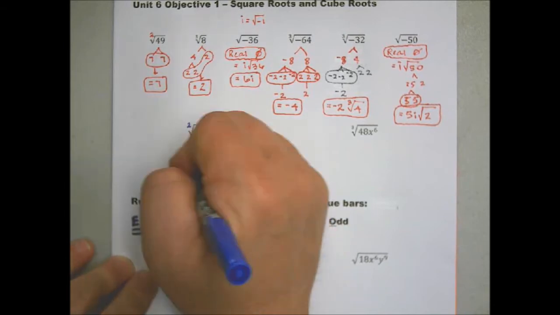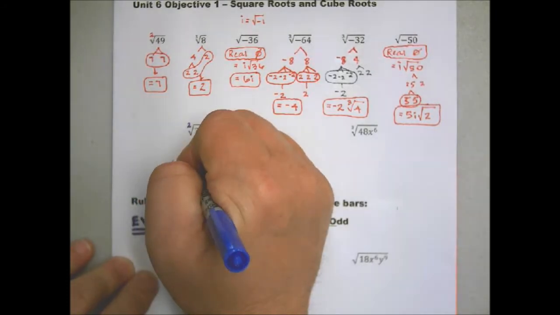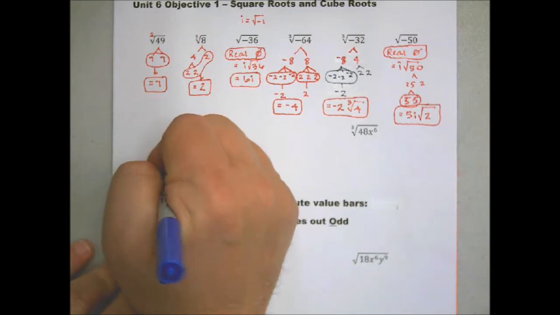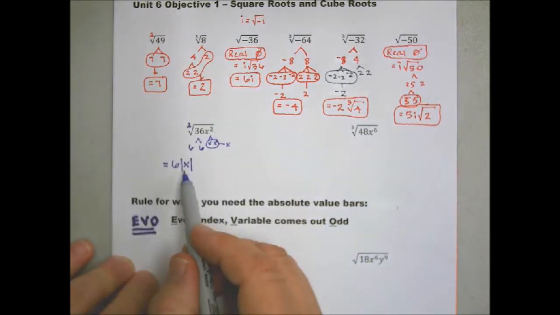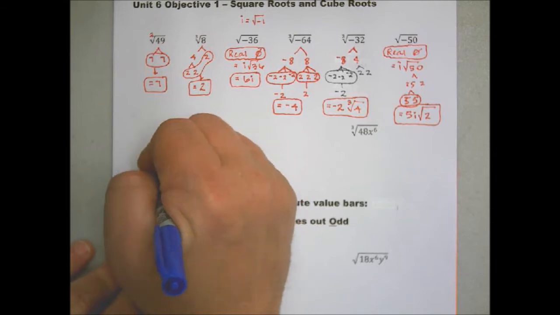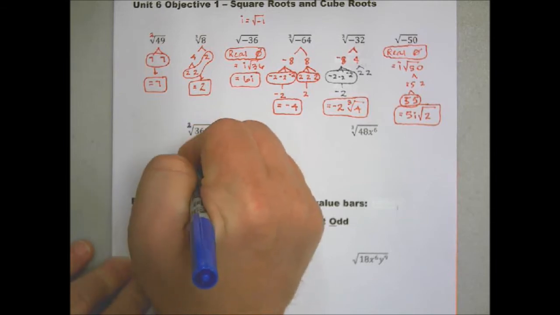So what we do to make sure we take care of that situation is we put absolute values around the x. And what that does is it guarantees us now that regardless of whether it was positive or negative, it's capable of being square rooted. So that would be the answer to this problem: 6 absolute value x.